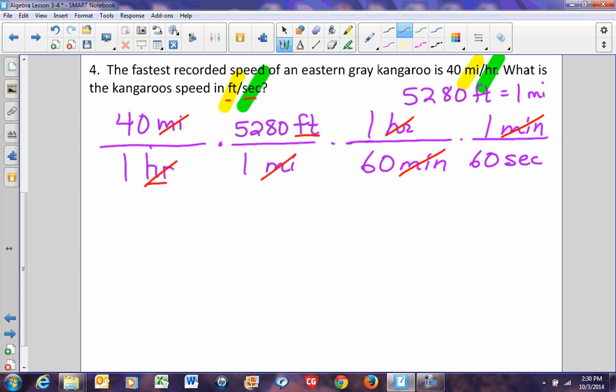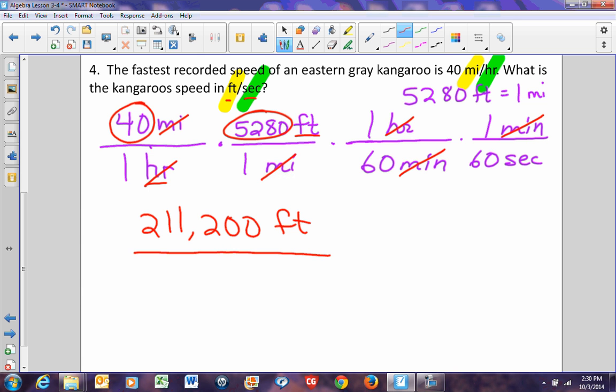So now I have this big long equation where I need to multiply 40 times 5,280. If I do that, 40 times 5,280 on the top, I will get 211,200 feet in, if I multiply 60 times 60, that's 3,600 seconds.